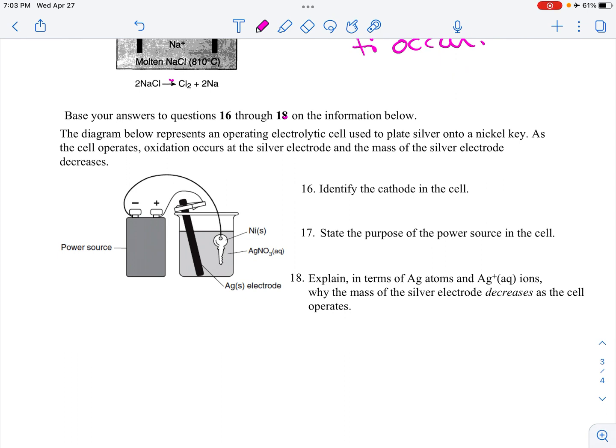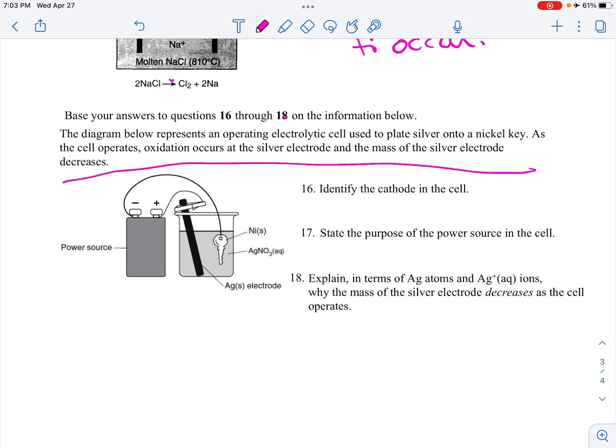Okay, the diagram below represents an operating electrolytic cell used to plate silver onto a nickel key. As the cell operates, oxidation occurs at the silver electrode, and the mass of the silver electrode decreases. This tells you a lot of information. So if this is a short answer, and earlier in the test there was a question about what happens to the mass of something, use the test to help you answer questions.